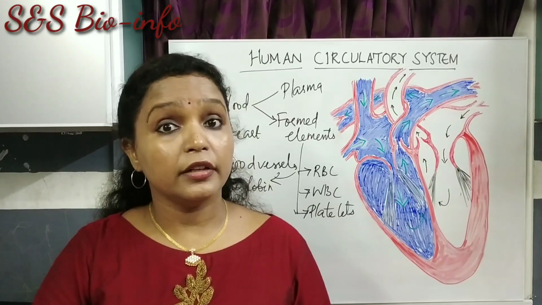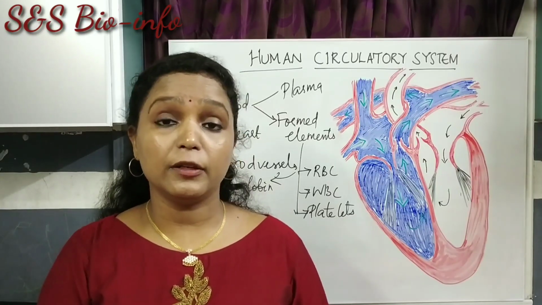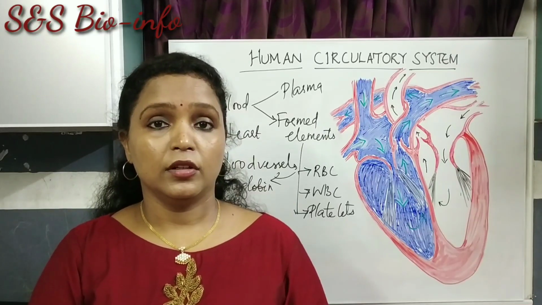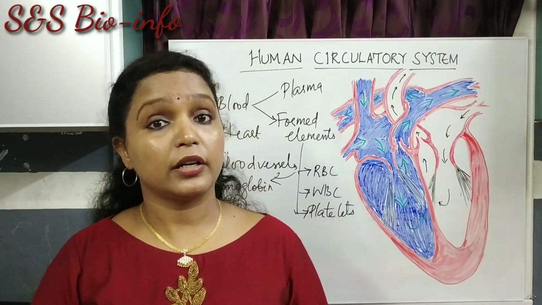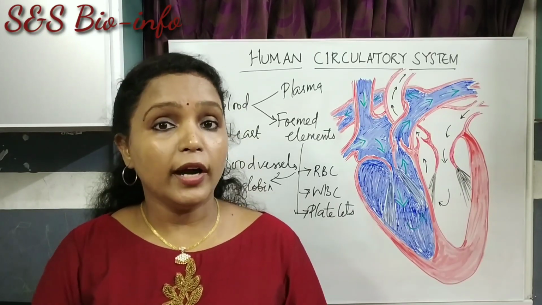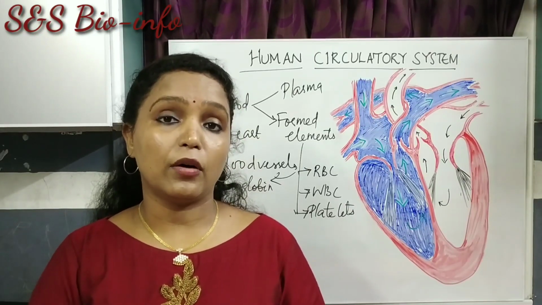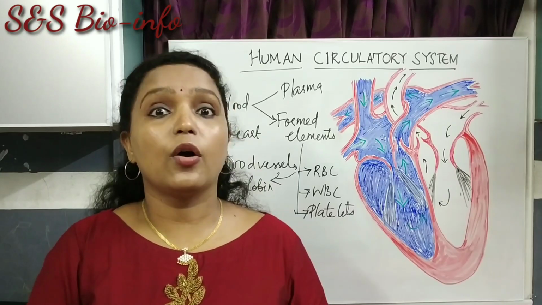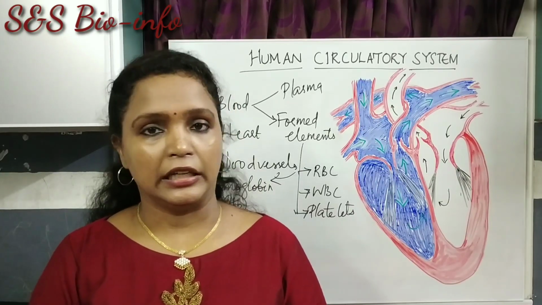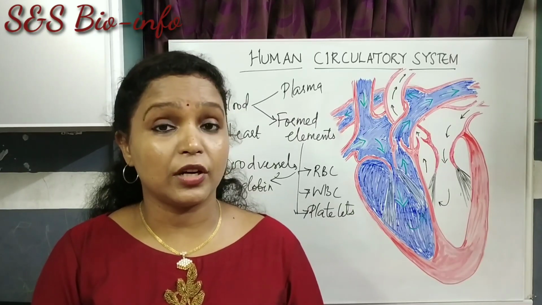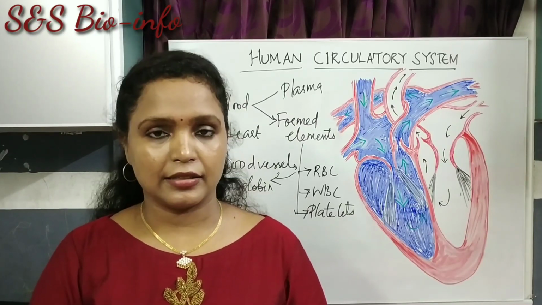The hemoglobin content in children is different from male and female adults. The hemoglobin content in animals like cow, buffalo and dog is entirely different. Why do these animals possess different amounts of hemoglobin? According to the need of the body, they possess a particular amount of hemoglobin to transport especially the respiratory gases.